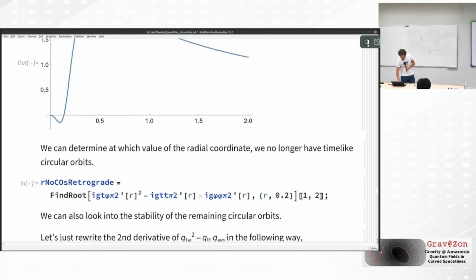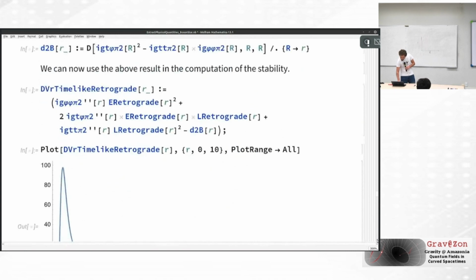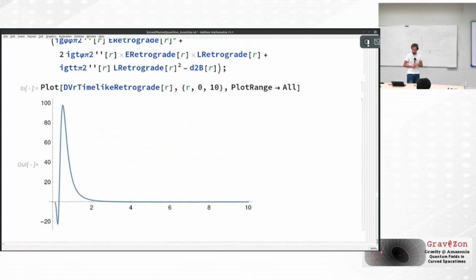And now you can look at the stability of the rest of the time-like circular orbits, and here you can see something that's different. In this region, where this is positive, you now have a region of instability, so time-like circular orbits there are unstable. But then there is this very small region here that's also stable.